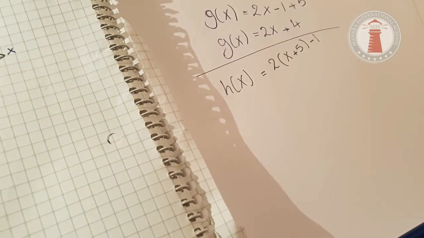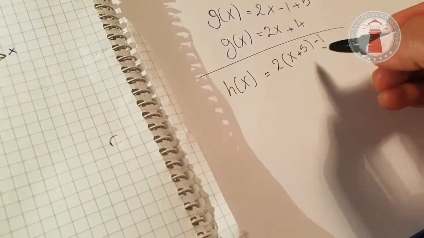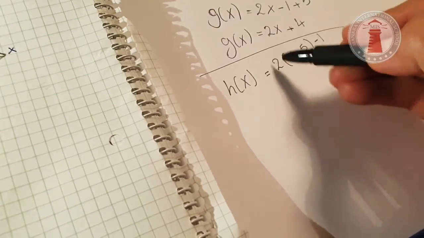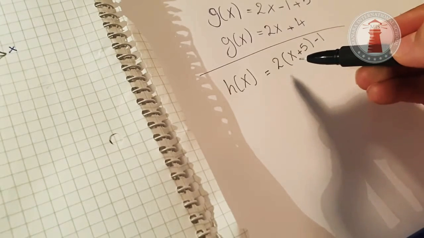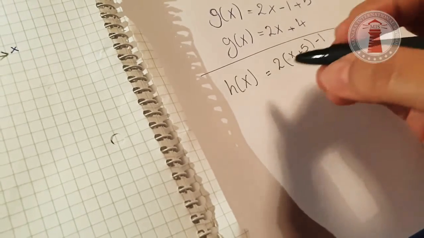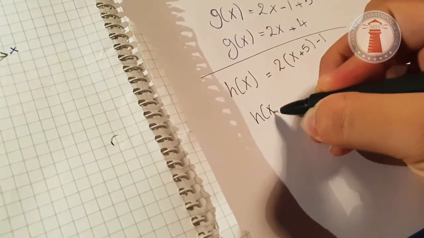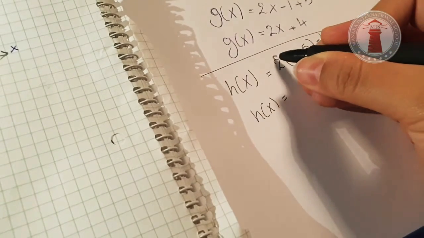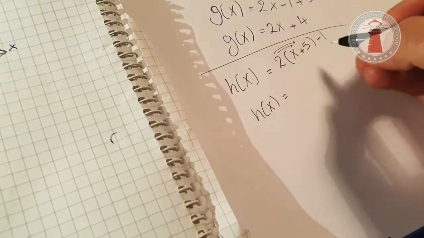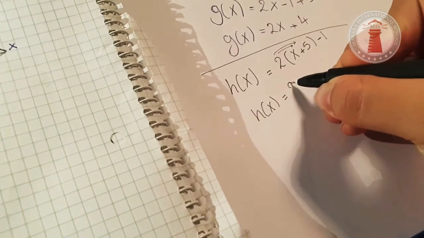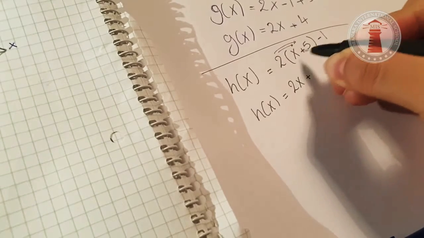Okay, clear? Now let's solve this, and put it again into the slope intercept form. So it becomes h of x equals, we're going to multiply the 2 by the terms inside the bracket, so it becomes 2x plus 10.